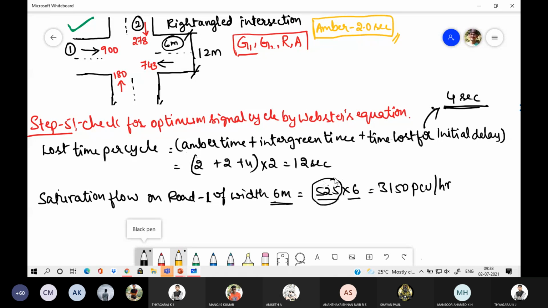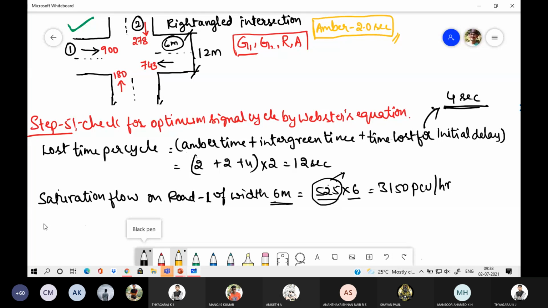This is constant. I have shared some values in the uploaded notes in MS Teams for different widths of the road. The saturation flow is given. So for 6 meter it is 525 into 6.